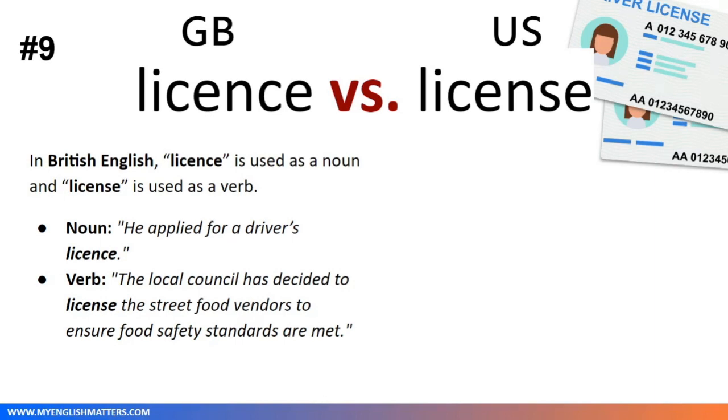So there we go. The difference between a noun and a verb is in the spelling. So he applied for a driver's licence. That would be with a C because that's a noun. And then as a verb, the local council has decided to license the street food vendors to ensure food safety standards are met.